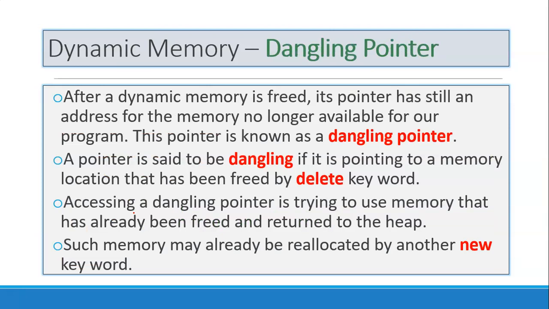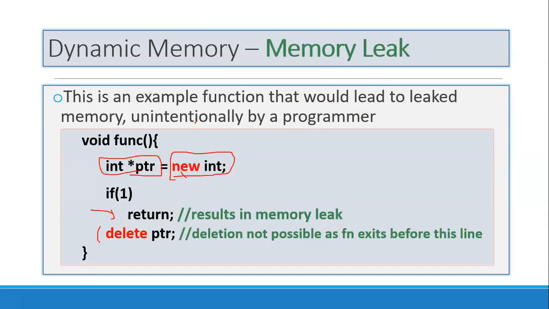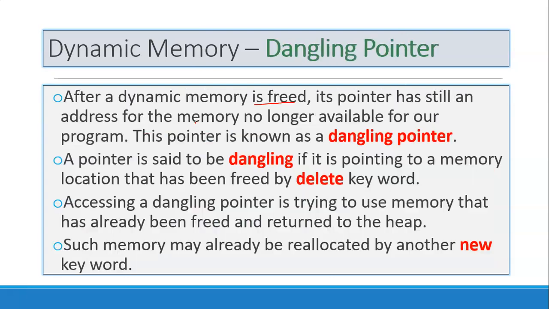Another similar concept is that of dangling pointer. After a dynamic memory is actually freed, its pointer still has an address of the memory. So freeing dynamic memory is one thing, and making sure that the pointer does not point to that address which it was pointing to is another thing.